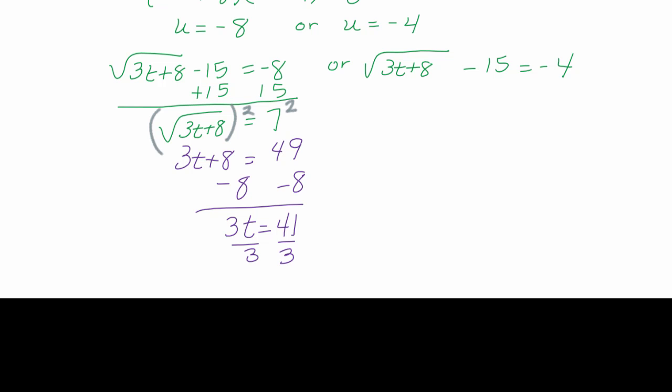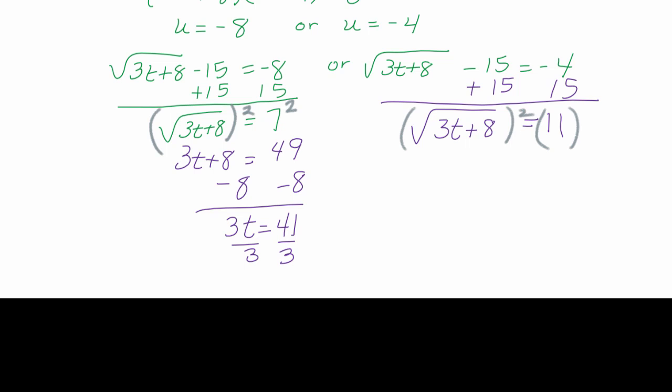Okay, let's repeat the process over here. So again, add the 15 so that you can isolate the radical. In radical equations, you have to isolate the radical before you square both sides. Then square both sides. And then squaring a square root, these are opposite operations, so they undo each other.